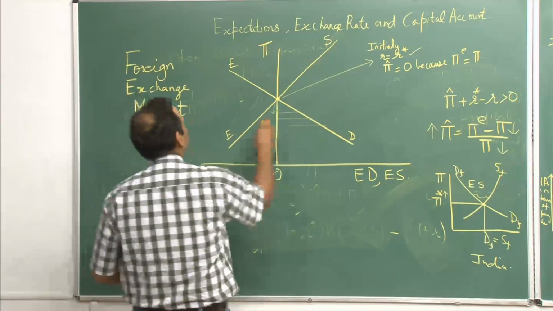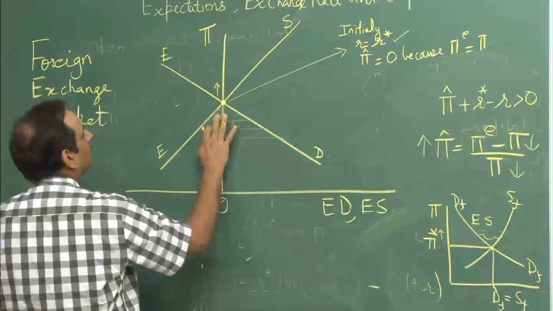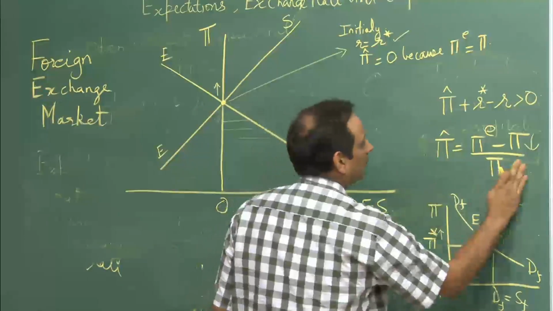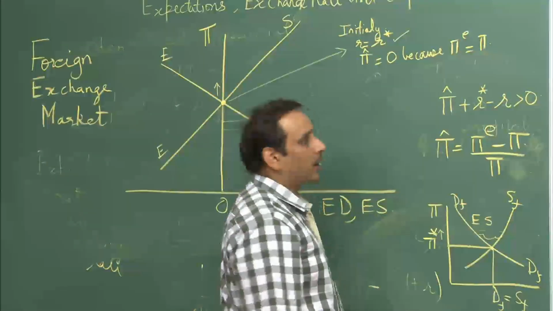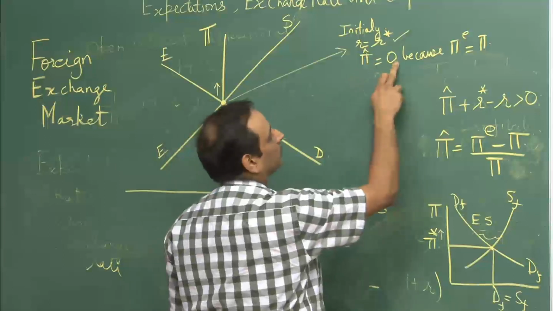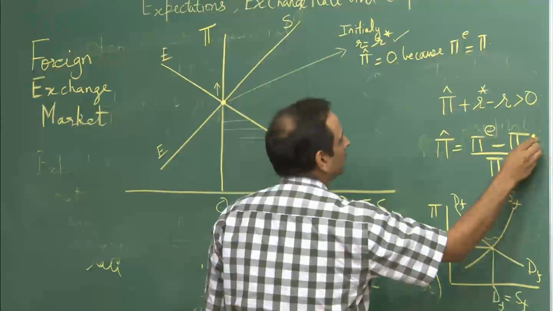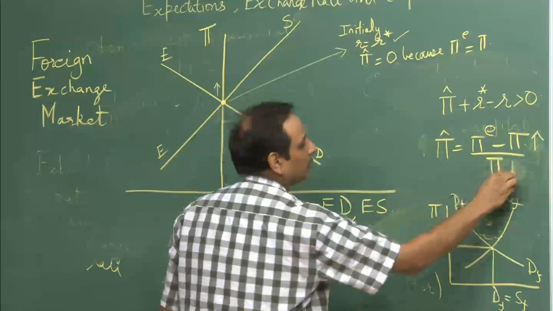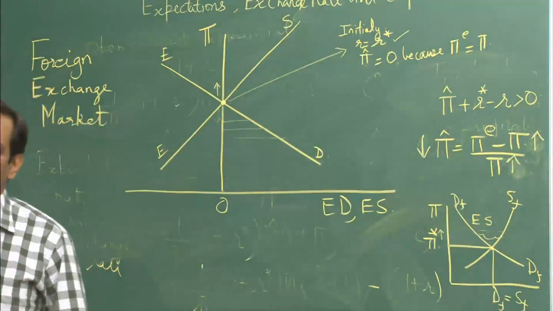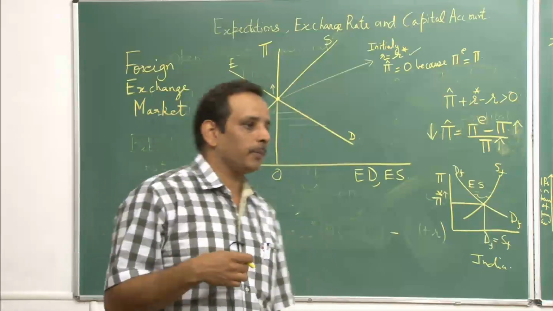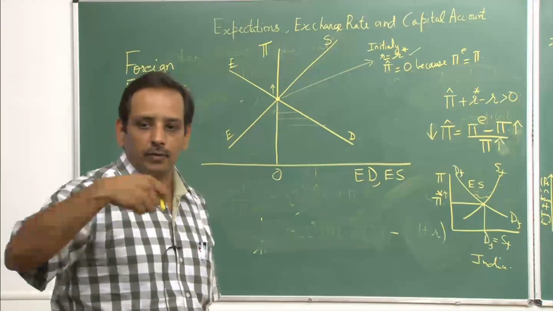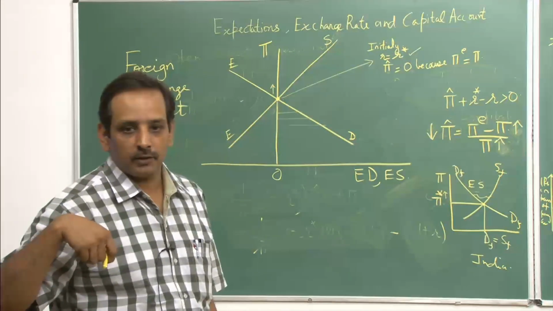What would have happened if pi would have gone up? If pi would have gone up from this situation where r was equal to r star, pi hat was 0, and then pi instead of going down goes up. So, pi hat would have gone down. Then it would have been the foreign investors who would have liked to invest in R bonds.